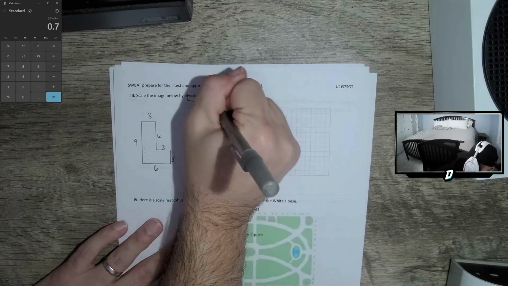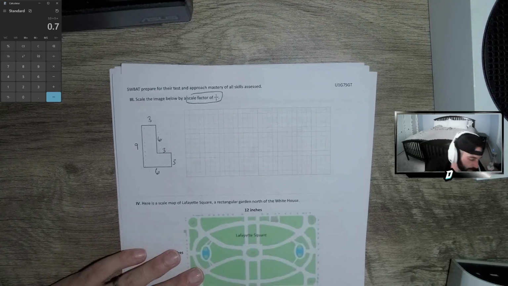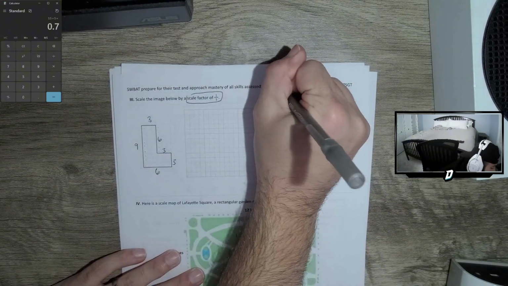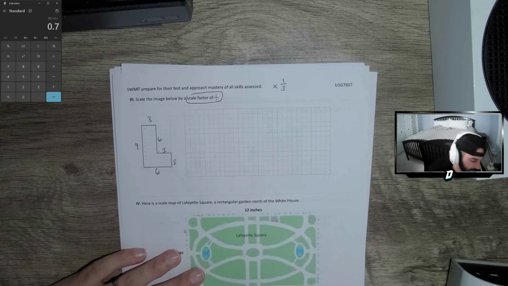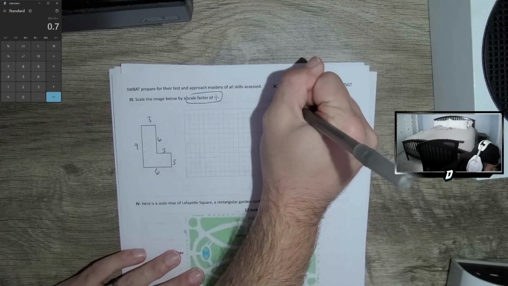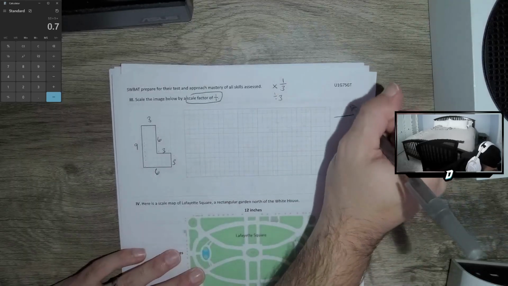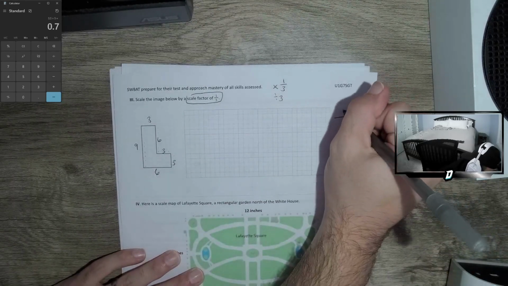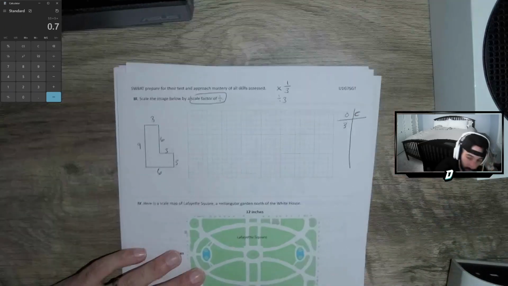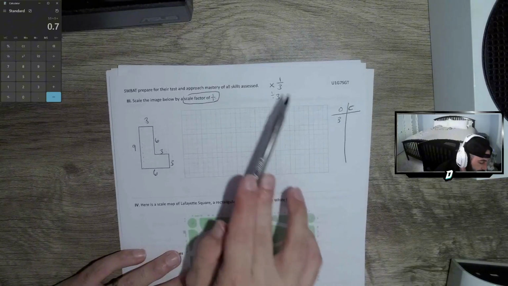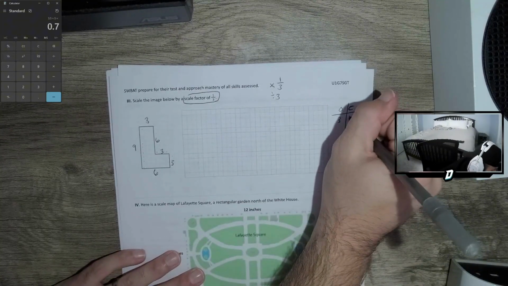And so when I scale something by 1/3, it means I'm multiplying all the side lengths by 1/3. And multiplying by 1/3, we already discovered earlier in class, is the same as dividing by 3. If I want to make a table to organize my original and my copy: if I have a length of 3, 3 times 1/3, or 3 divided by 3, is 1.